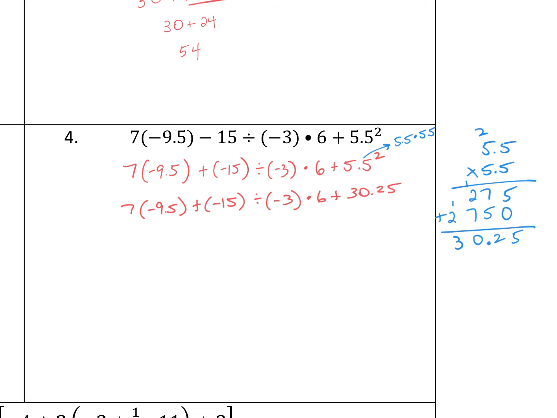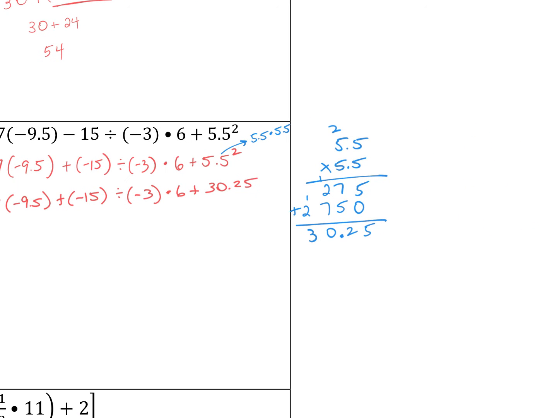All right, so now I have multiplication, addition, division, multiplication, addition. I'm going to start with this multiplication problem right here first, since it's the first one listed. 9.5 times 7, I'm going to do that off to the side just because I know some of us need to show that work, so I wanted to show you what it looks like. 7 times 5 is 35, carry the 3. 7 times 9 is 63, plus 3 is 66.